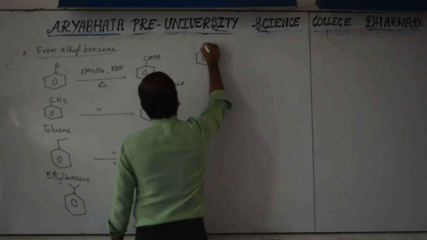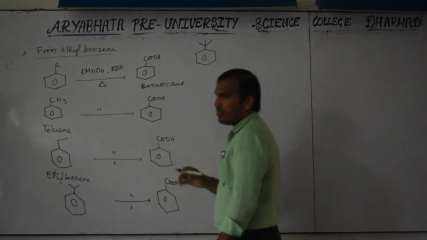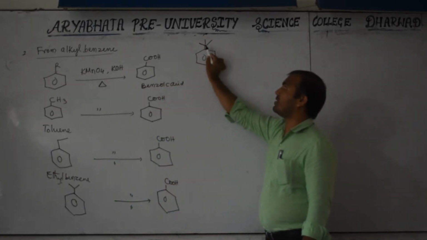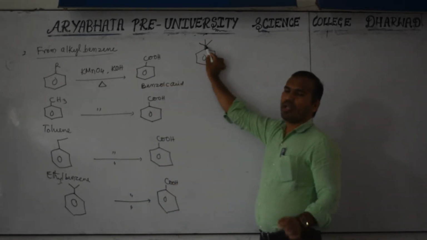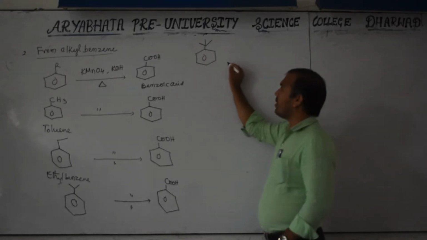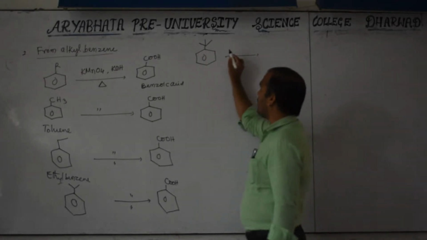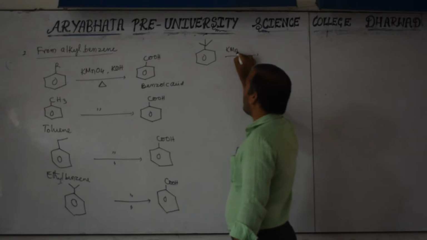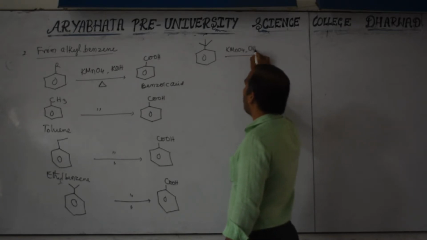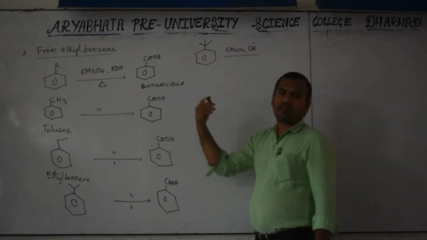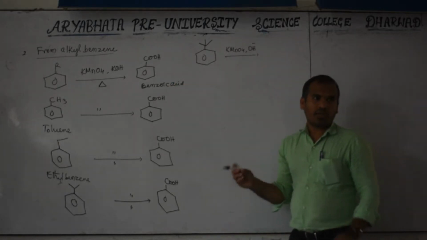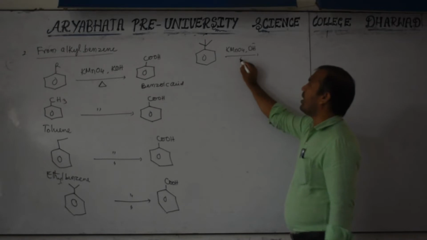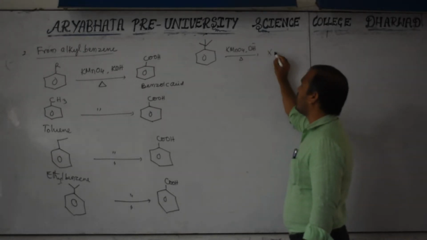Next, the carbon attached to this benzene has how many hydrogens? 0 hydrogen. If you take the same reagent here, KMnO4 in base, sometimes they write OH minus instead of KOH or NaOH, and heat, then there is no reaction.